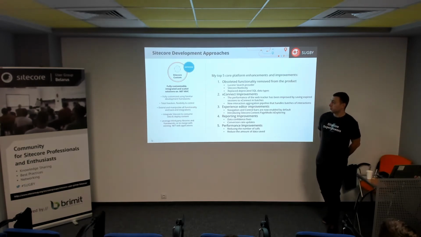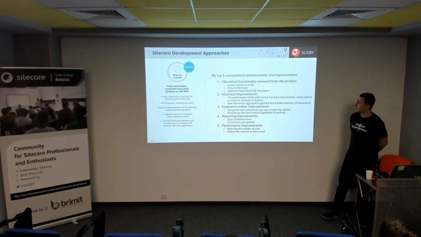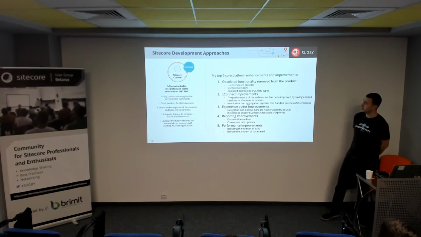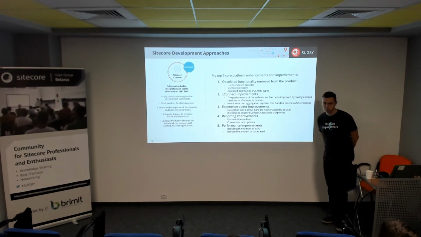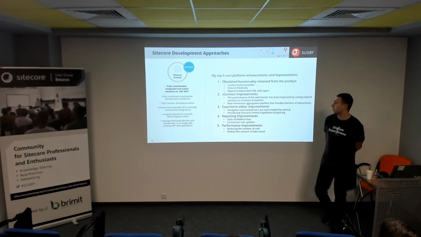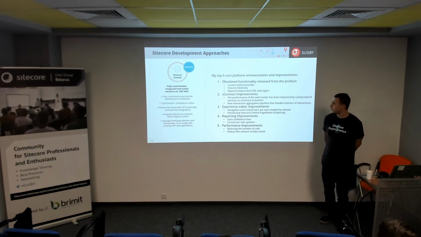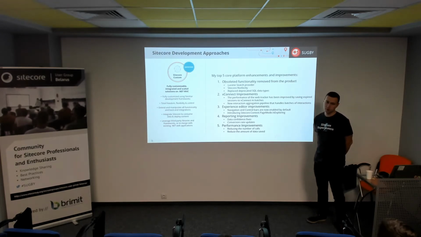When we choose a custom solution, there are some upgrades and improvements. Some obsolete functionality was removed from Sitecore, like the Lucene search provider and Velocity, and deprecated SQL data types were replaced.